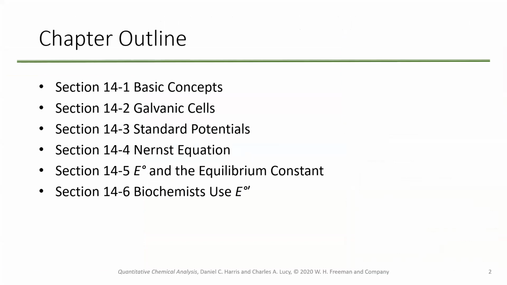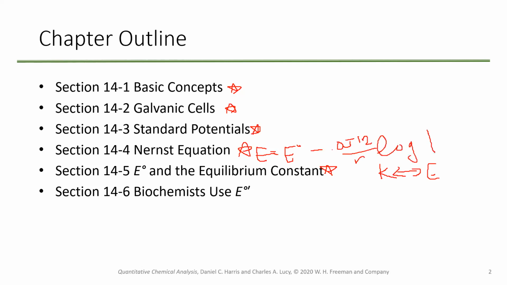Okay, so looking at this, basic concepts, galvanic cells, standard potential, Nernst equation, and going between K and E. So our E cell is going to be equal to our E naught minus 0.0592 over n log of Q. This is going to be E left minus E right or whatever.